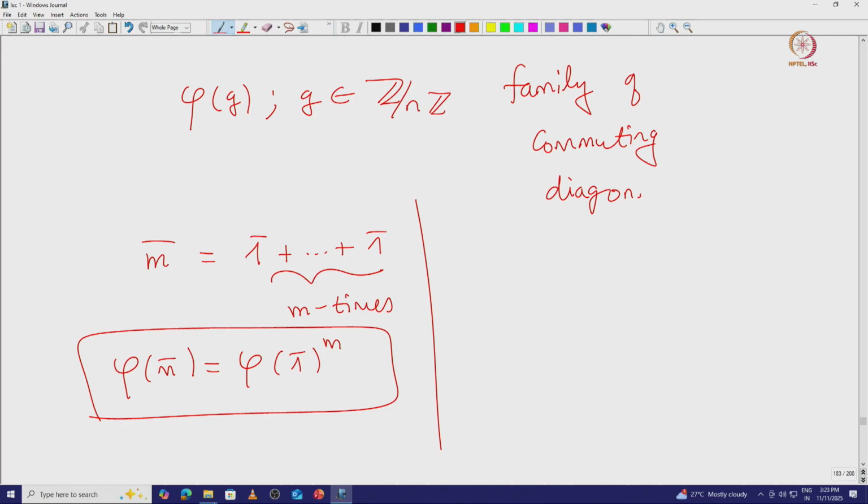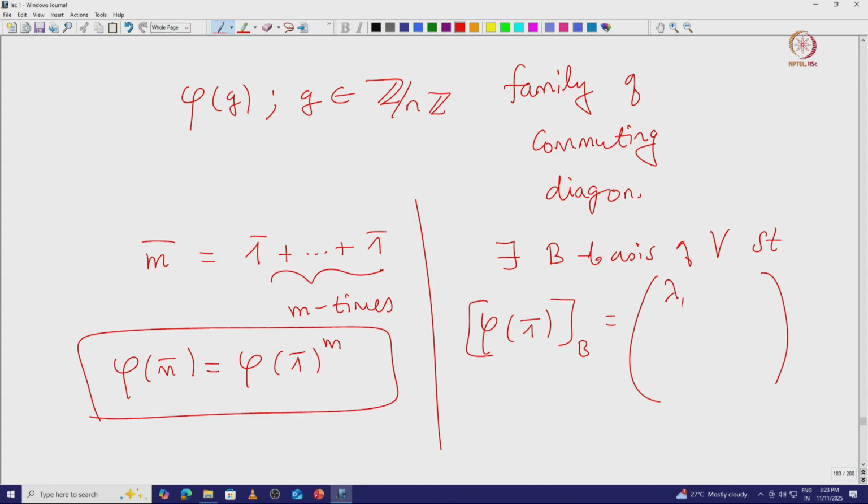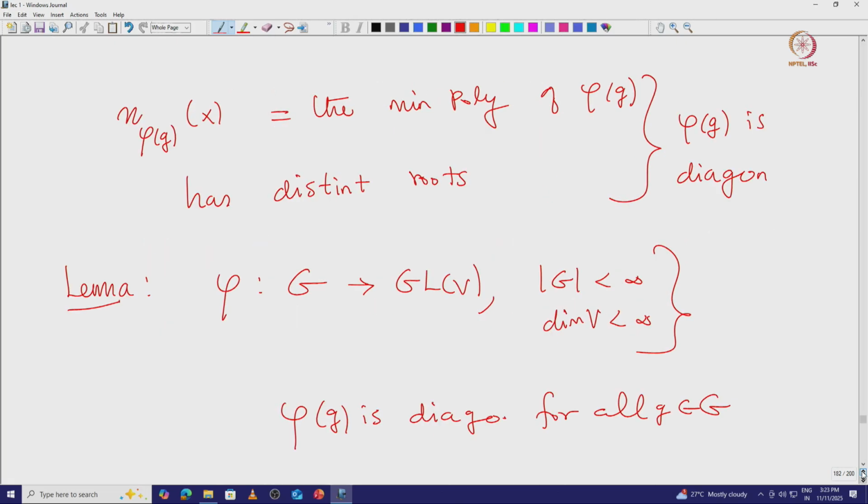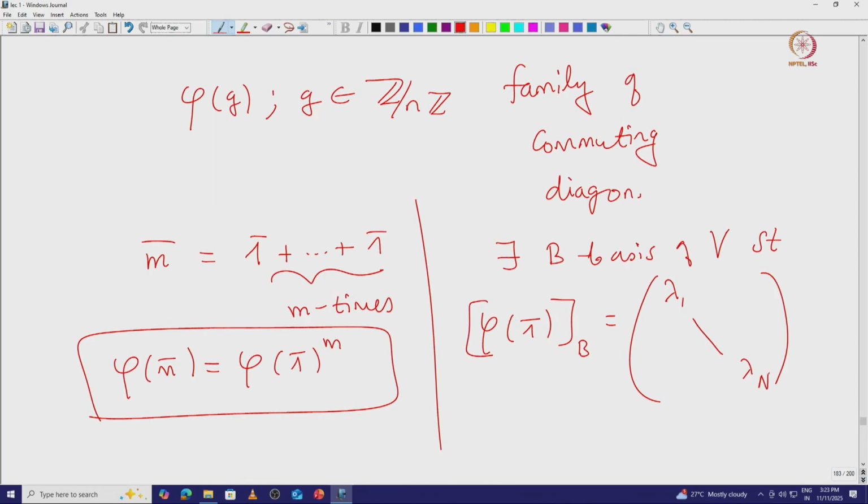Let us say there is a basis B of V such that phi of 1 bar with respect to that basis is diagonal, with entries lambda 1 etcetera lambda n.